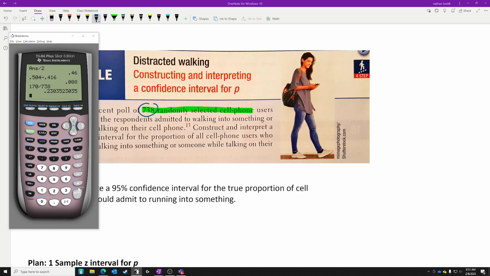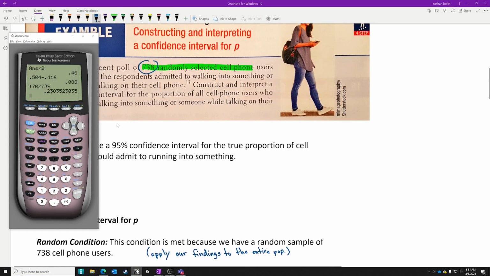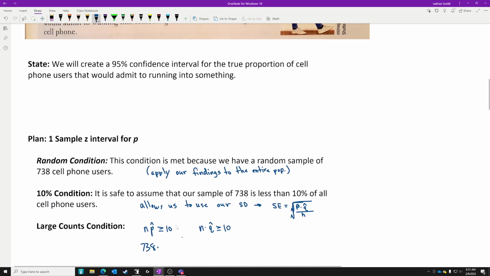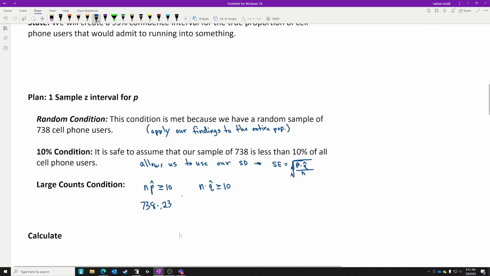All right, so 23% of people admitted to it. So in our sample, that's 170 people. Okay, so I know this one, 738 times 0.23, is going to be 170, which, yes, is greater than or equal to 10.